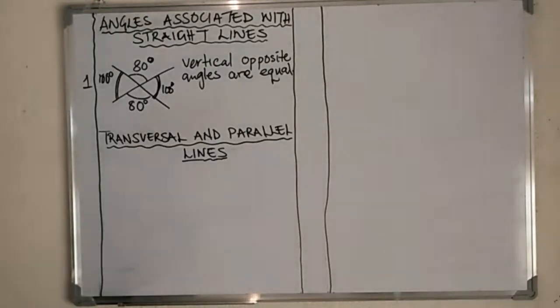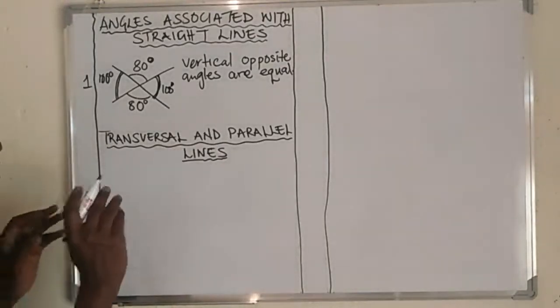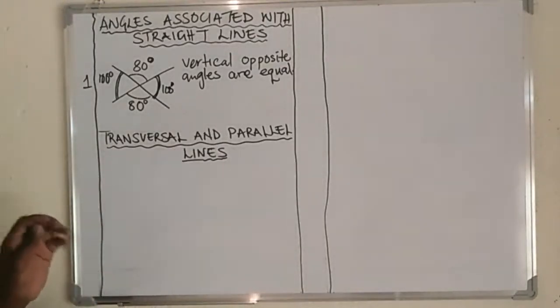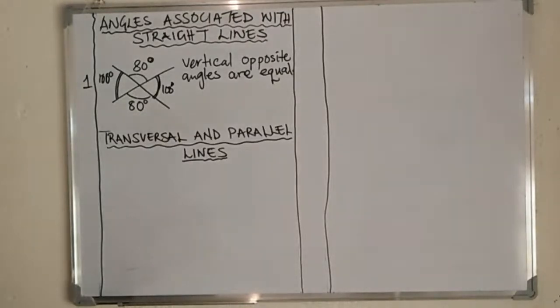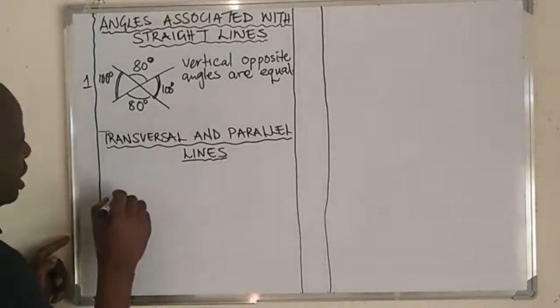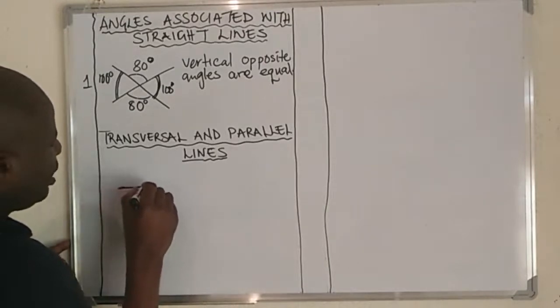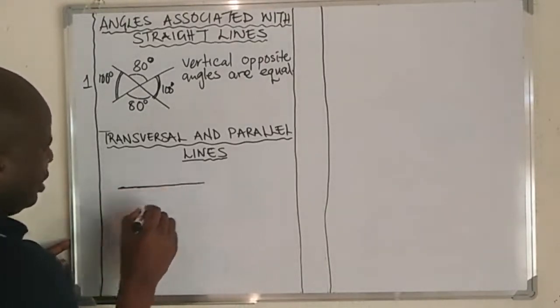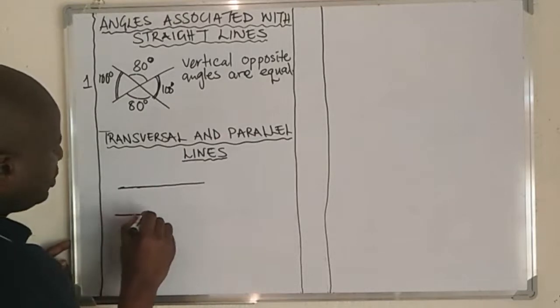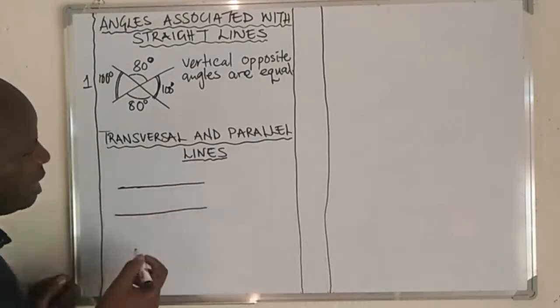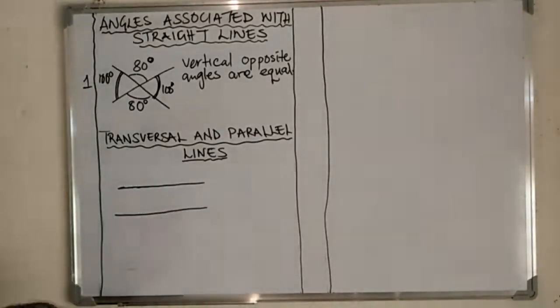So what am I talking about? What is a transversal line and what is a parallel line? Let me start with the parallel line because I'm going to put the transversal line on the parallel lines. Parallel lines are two lines, they can be two or more, but let's talk about two lines, that do not meet each other.